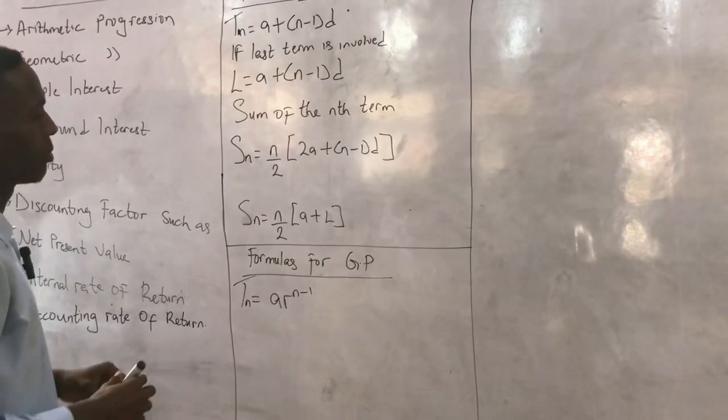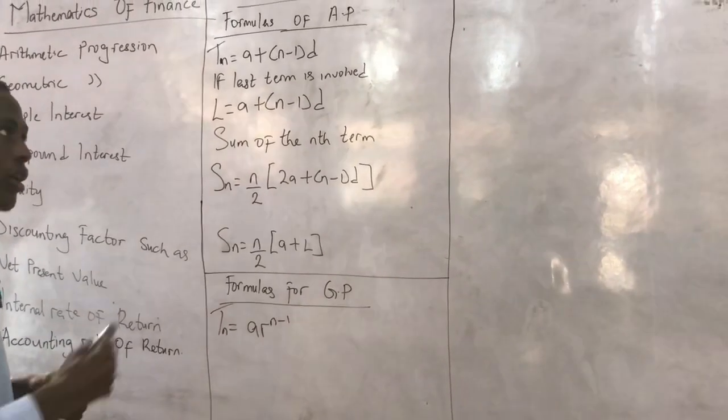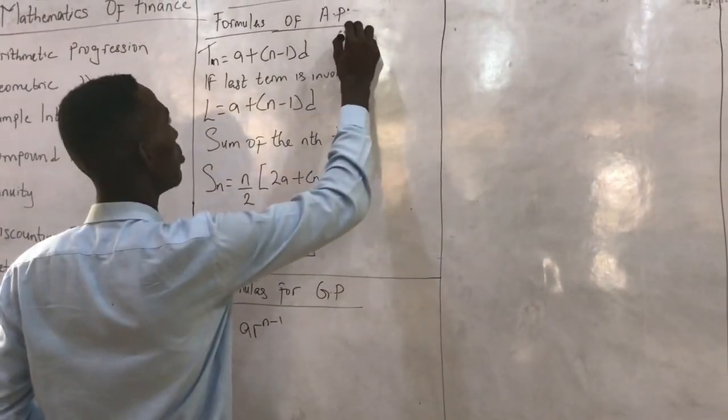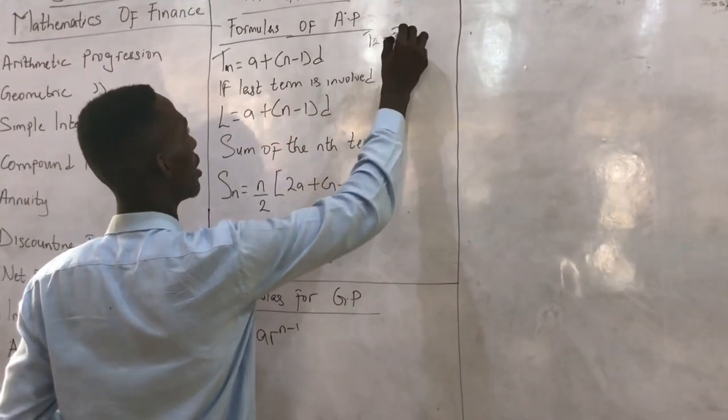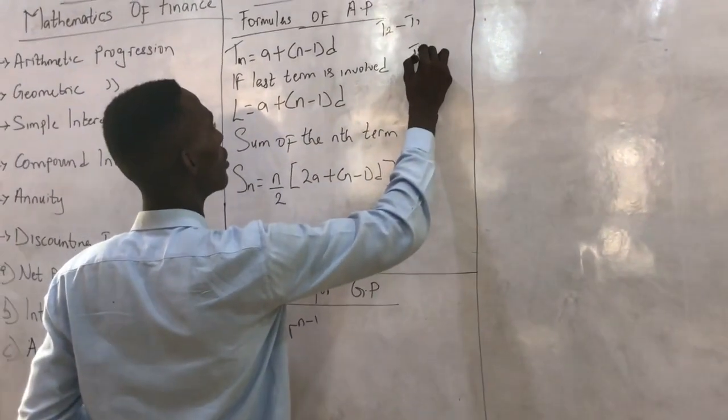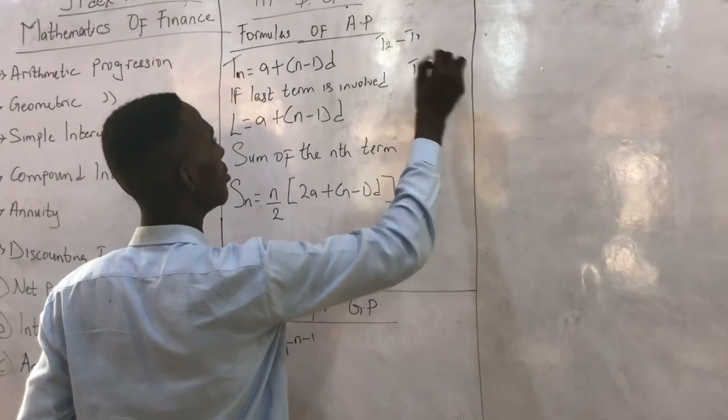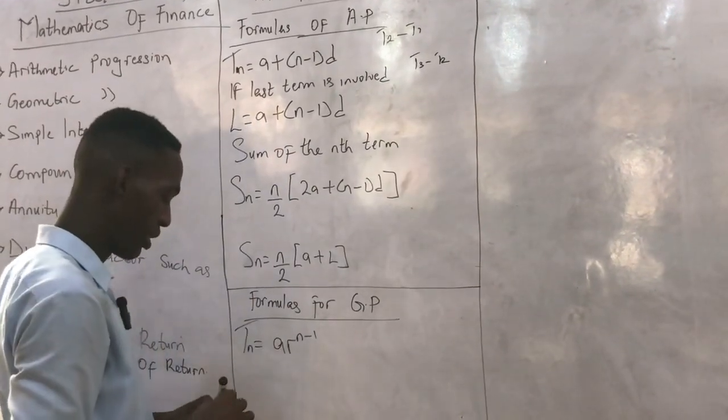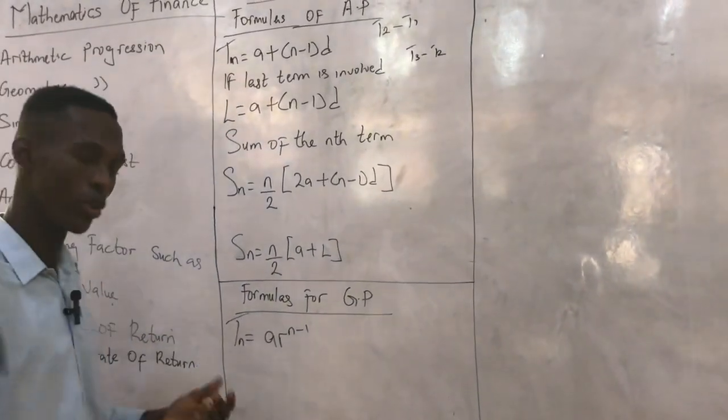For the sake of those that might not know how to get your common difference, it is simply your second term minus first term, or your third term minus second term, depending on how the question is structured.